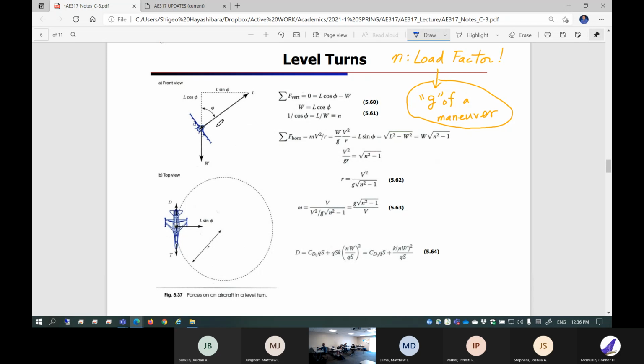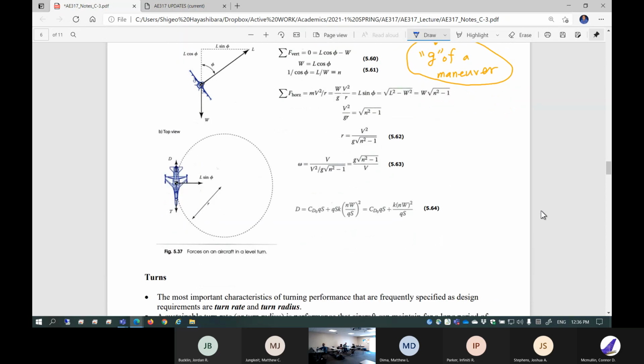You're going to once again apply the equation of motion in two directions. One is the direction parallel to the flight path. One is the direction perpendicular to the flight path, obviously. And then you come up with two equations. One equation is called turn radius, radius of turn.